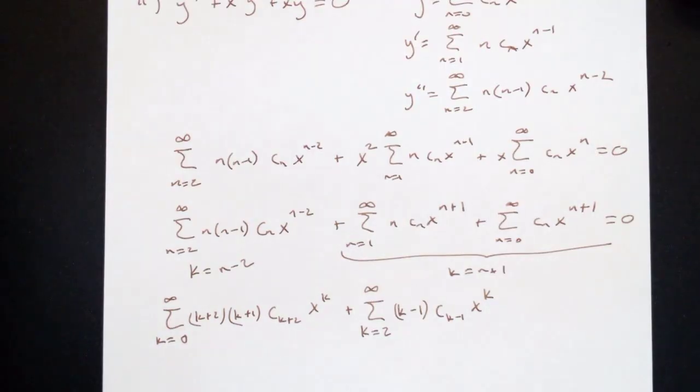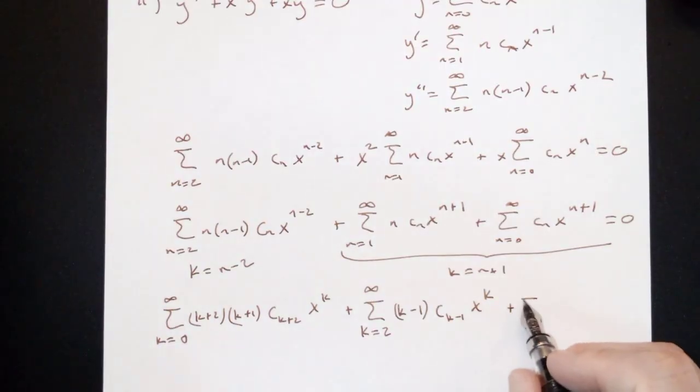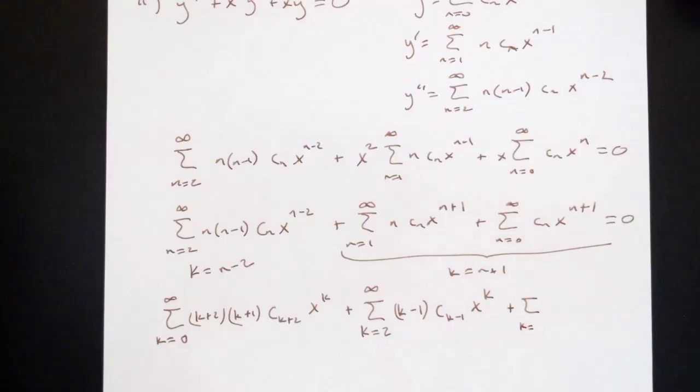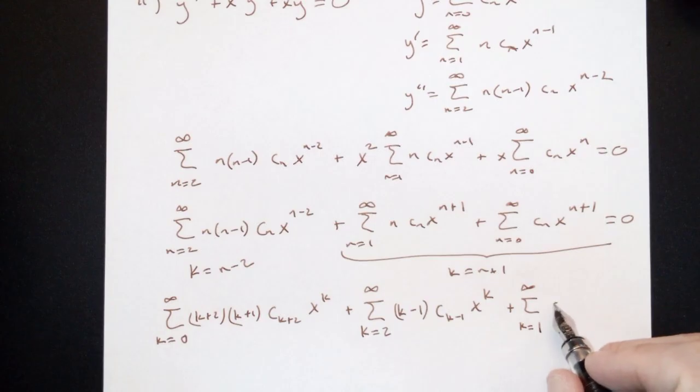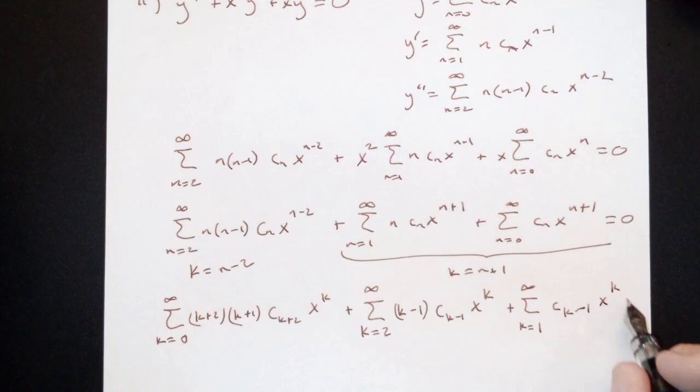What's my third sum? We're starting at 1 this time. And so it'll be, again, c_(k minus 1), x to the k. With me so far on the reindexing?